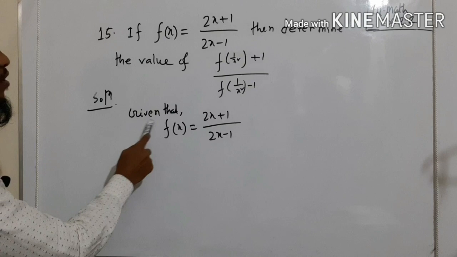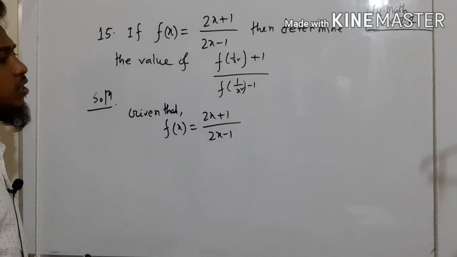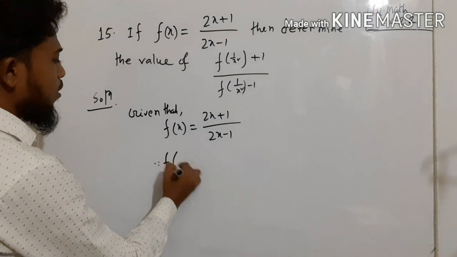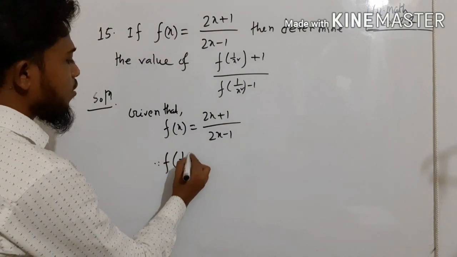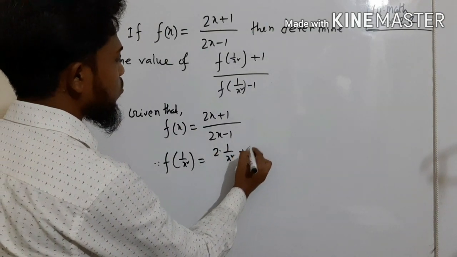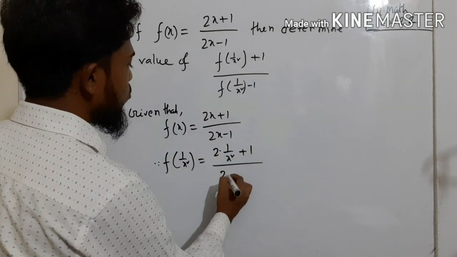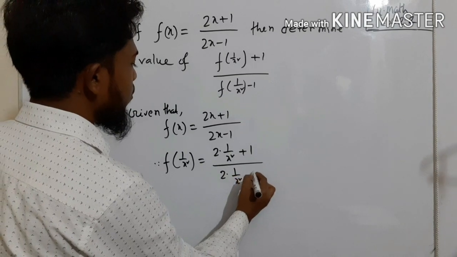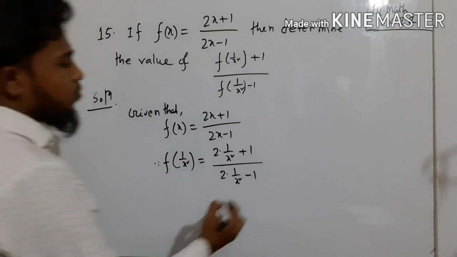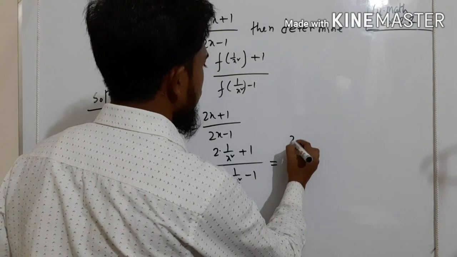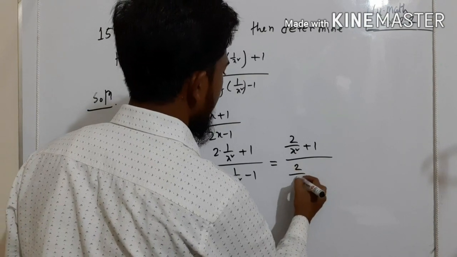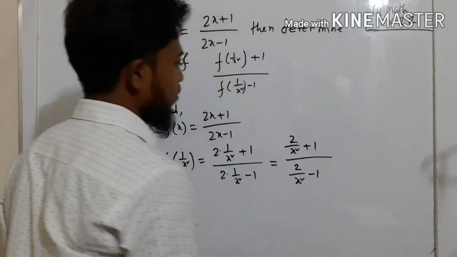Now look, given that f of x equals (2x plus 1) divided by (2x minus 1), so f of 1 by x square equals (2 into 1 by x square plus 1) divided by (2 into 1 by x square minus 1). So we can write (2 by x square plus 1) divided by (2 by x square minus 1).